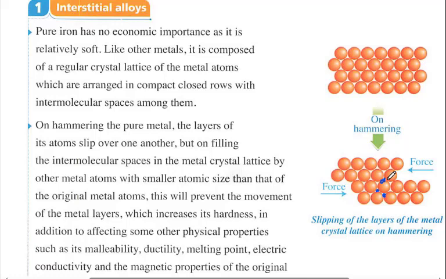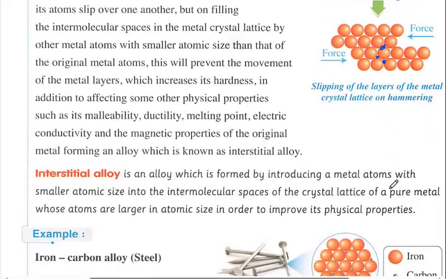It causes the alloy to be harder than the original metal, and it affects physical properties like magnetic property, electric conductivity, and melting point. All these will be affected by introducing an atom with a small size in the intermolecular spaces between the atoms in the crystal lattice of the metal.